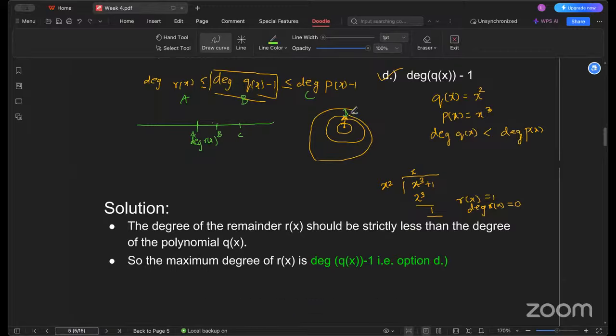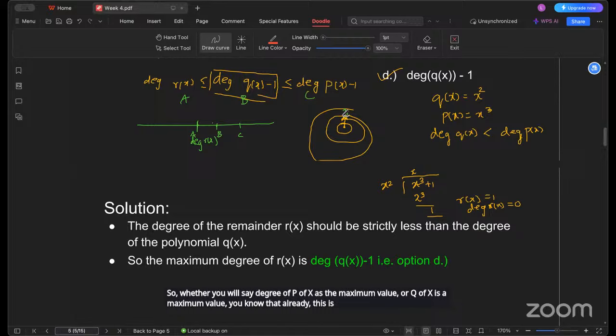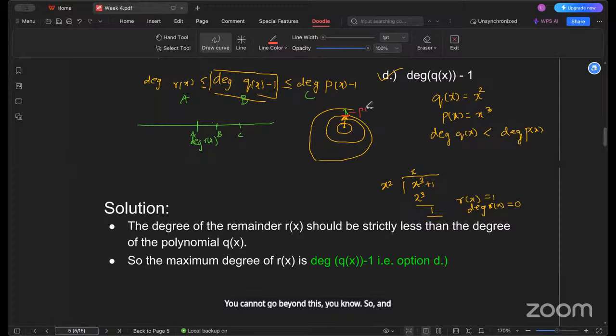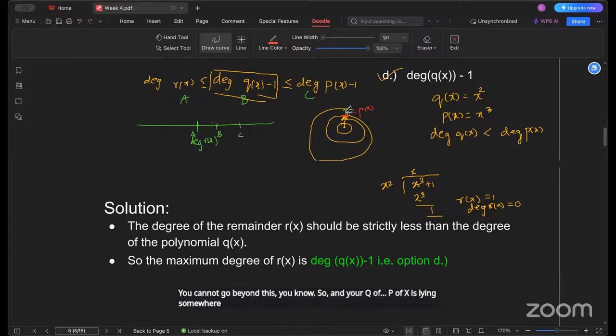So whether you say degree of p of x as the maximum value or q of x as the maximum value, you know that already this is the point where you can go. You cannot go beyond this. Degree of r is definitely less than this. And your q of p of x is lying somewhere. So, can you go somewhere beyond this? No, right?